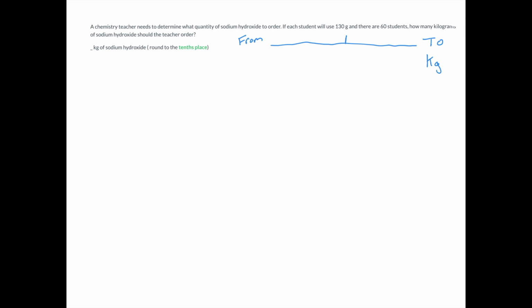Now, sodium hydroxide, you wouldn't know this, but since I want to save space, is abbreviated NaOH. You will learn that eventually, but not today. And the question is, what are we starting with? Well, we know that each student will use 130 grams, and there are 60 students. How many kilograms of sodium hydroxide should the teacher order?